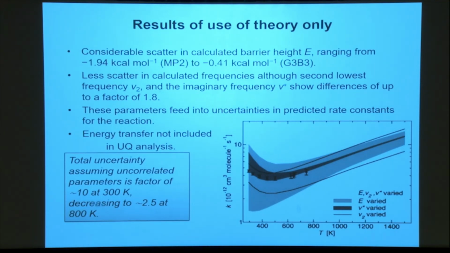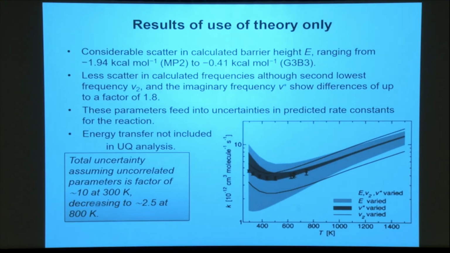The predicted rate constants are less uncertain at the higher temperatures, but the uncertainty increases as we go to lower temperatures. And this is a log scale. So it's not that dissimilar to what was found in the Propal system, in terms of, not quite an order of magnitude, but maybe a factor of 5 uncertainty there.